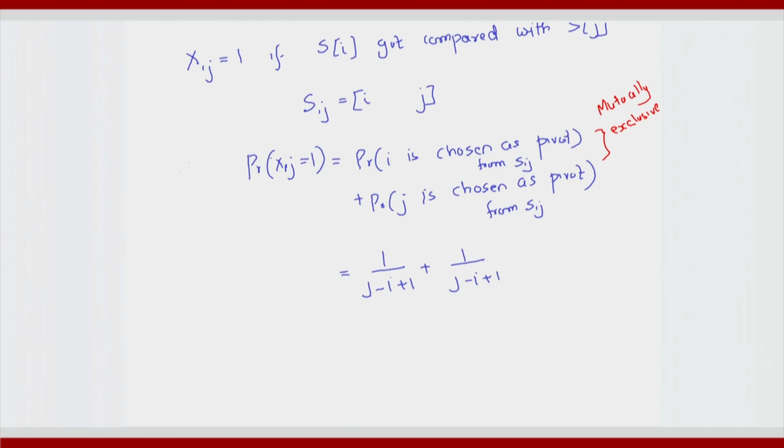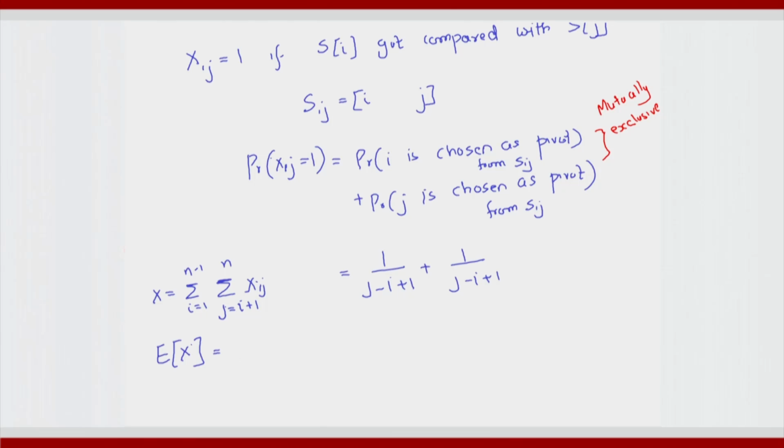Now let us try and study what the expected value of a random variable x is. First of all, the random variable x is defined as a sum over all the values of i and all the values of j. j can only be i plus 1 until n of xij.